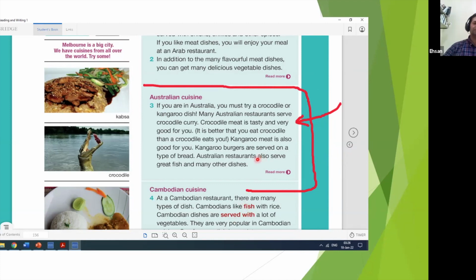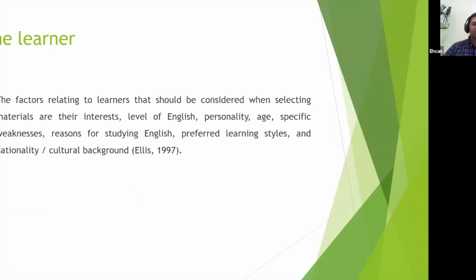All right, okay. Because of time constraint, I do not go into the details. The point which I wanted to mention is that when we select materials for our students, especially EFL course books, there are elements which are very important.